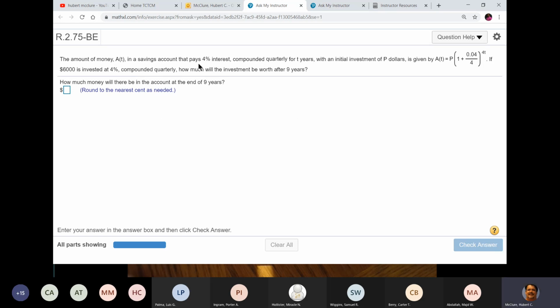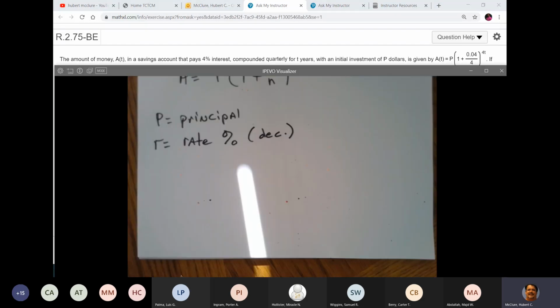The amount of money in a savings account is, okay, this is interest. This is a calculator drill. A is equal to P, 1 plus R over N raised to the NT power, where P is equal to the principal, how much money you're putting in the bank. R is equal to the rate, which is in decimal form.